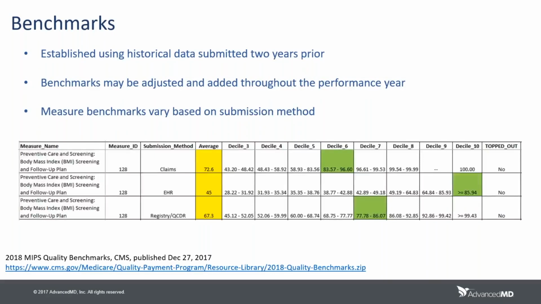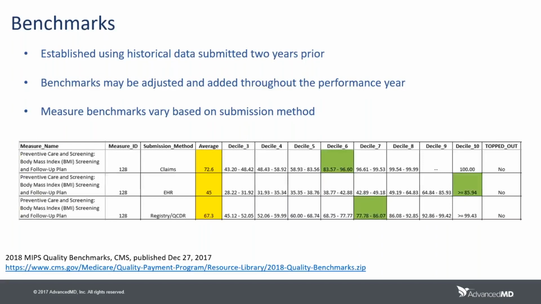For example, the 2017 reporting benchmarks were based on 2015 PQRS and CAHPS, and 2018 is based on 2016 PQRS. I mentioned in the previous slide with the quality scoring that for quality measures that don't have benchmarks, there are quality measures that we don't have that history from previous years.